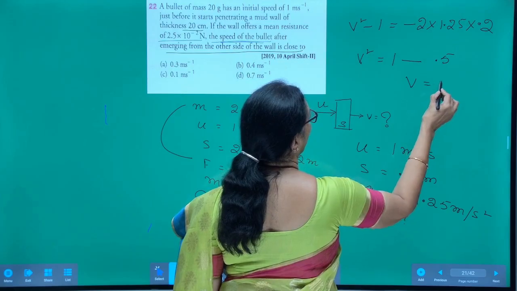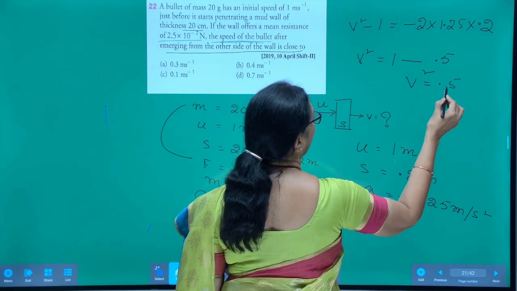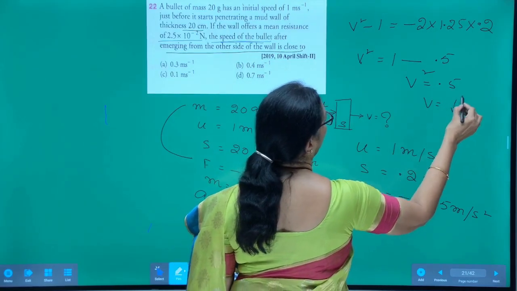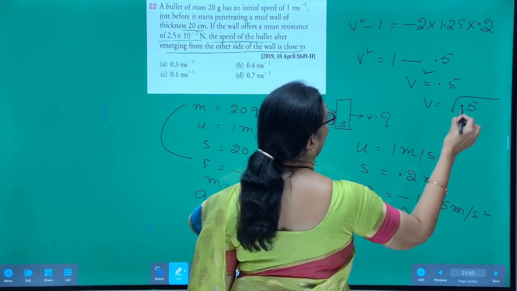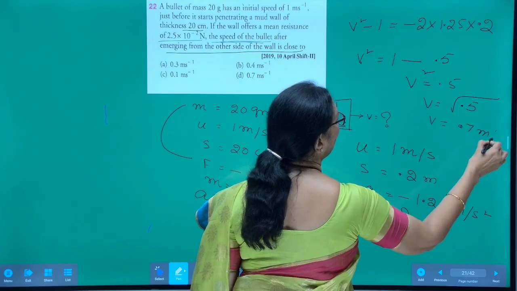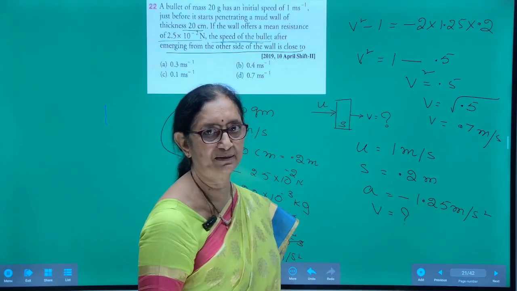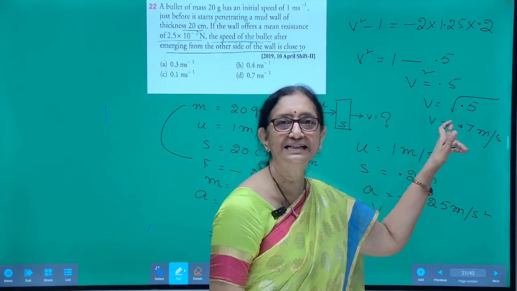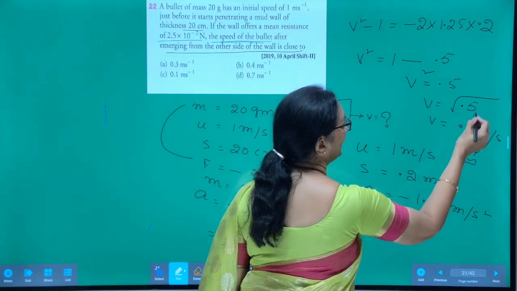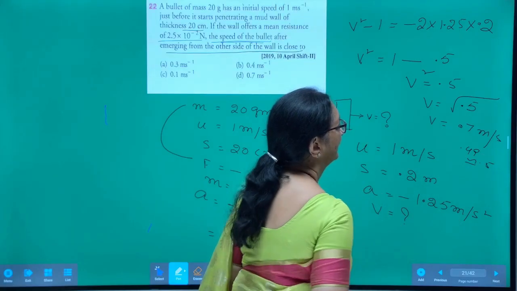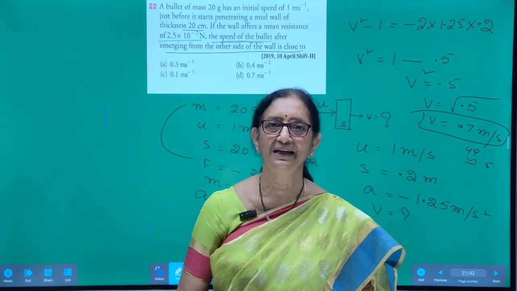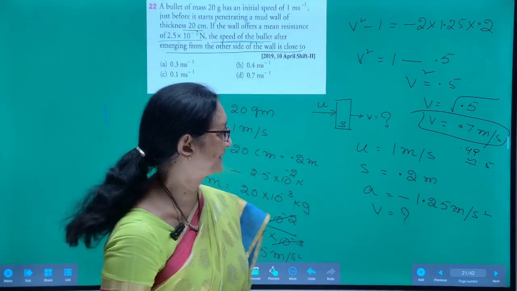So v square is 0.5, v is equal to square root of 0.5, nearly 0.7 meter per second, because 0.7 square is 0.49, which is nearly equal to 0.5. So, velocity with which it emerges out is 0.7 meter per second.